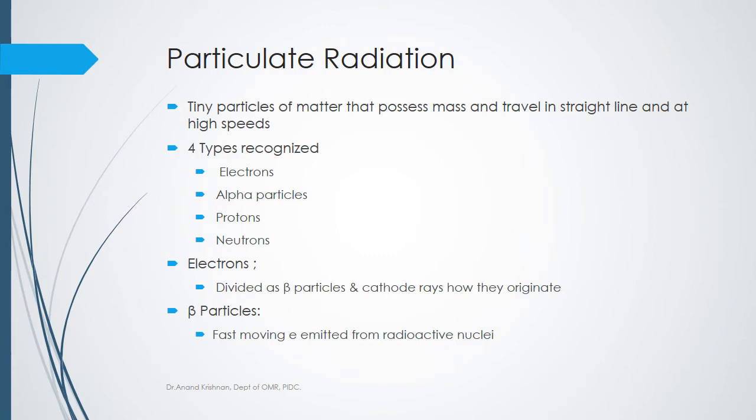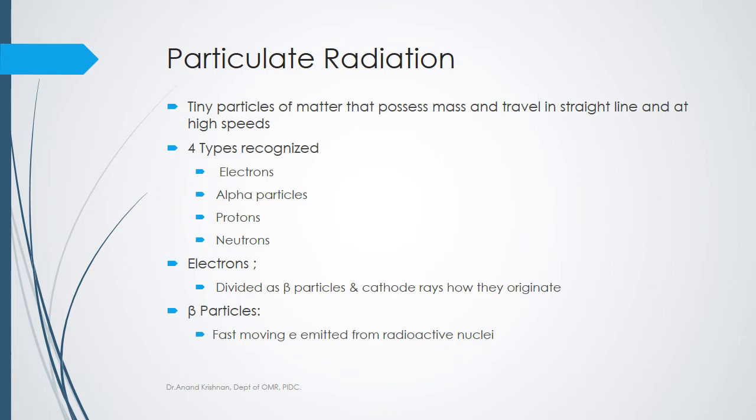Particulate radiation basically consists of particles that have mass and energy, and may or may not have an electric charge. The difference can be understood with protons, electrons, beta particles and alpha particles, where you have the positively charged alpha particles, the negatively charged beta particles, and no charge in neutrons.